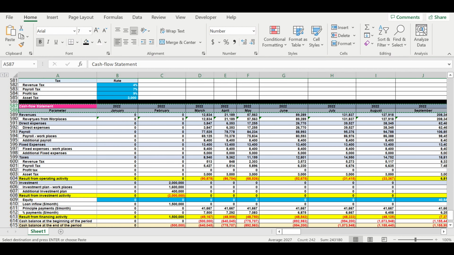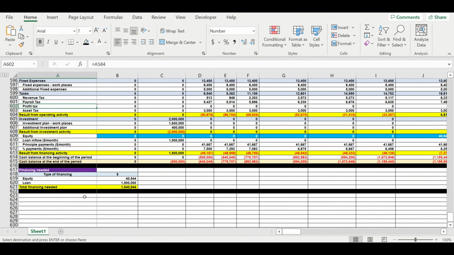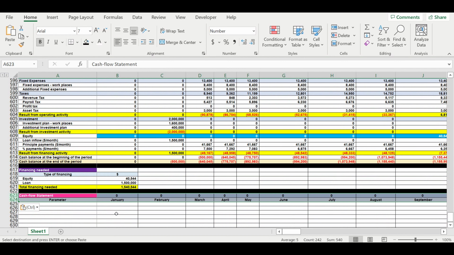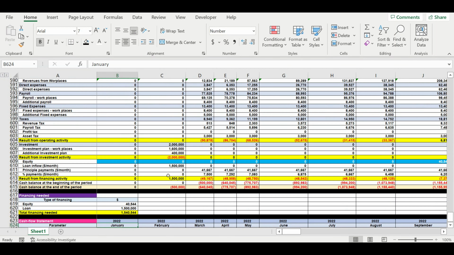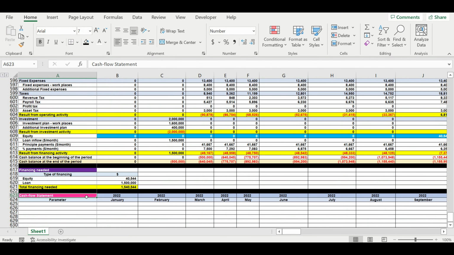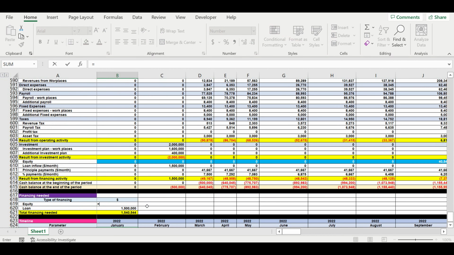So I can copy the timeline, paste it here. What I will do to automate the financing, I will take the result from operating activity plus the result from investment activity plus loan minus payments for the loan.